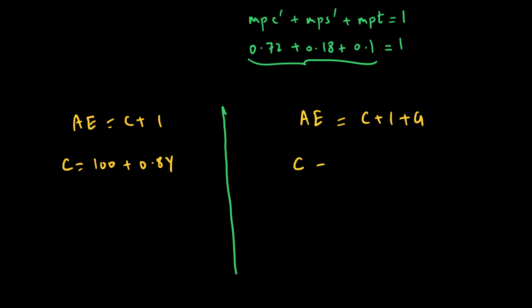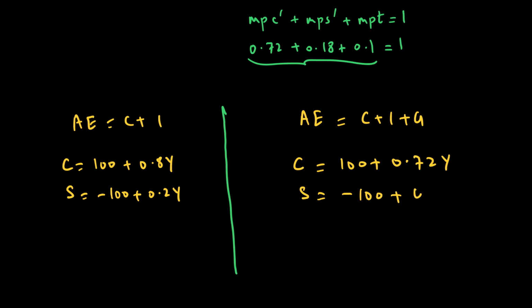Now my new C will be 100 plus 0.72y. Remember, because my tax rate is 10%, I've changed my MPC from 0.8 to 0.72. Now similarly, my saving was minus 100 plus 0.2y. My new saving function will become minus 100 plus 0.18y.